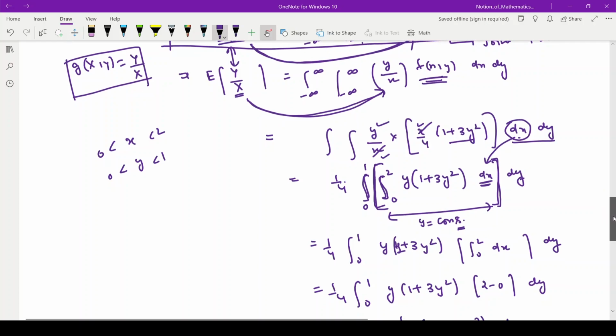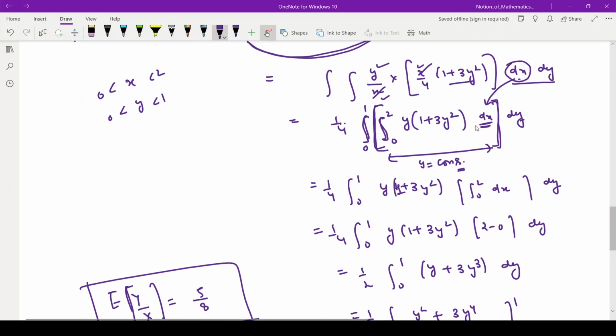In the concept of double integration, we know that if we are dealing with integration for the x variable, then y is treated as constant. Since y is treated as constant inside this particular bracket, I can take this whole term of y outside the integration for x. So that is what I have done here, y into 1 plus 3y square, and inside the bracket we are left with 0 to 2 dx.